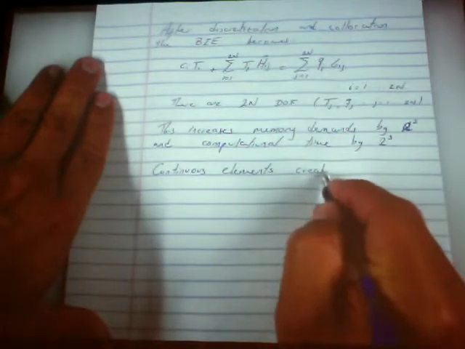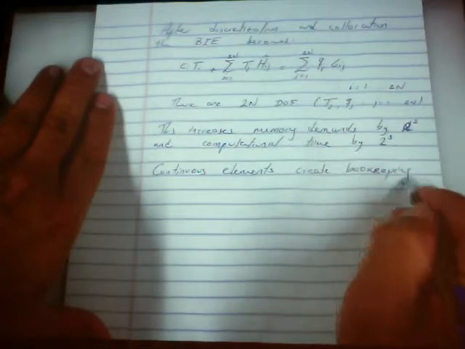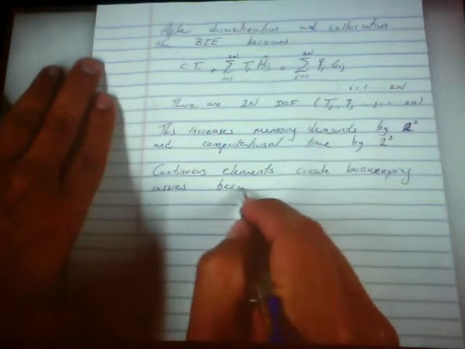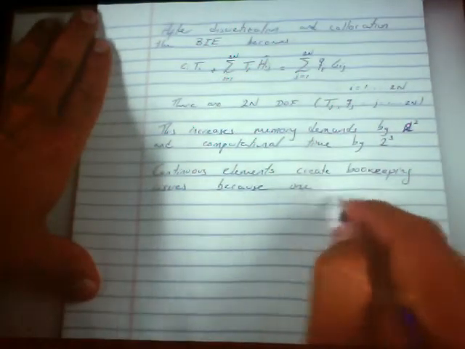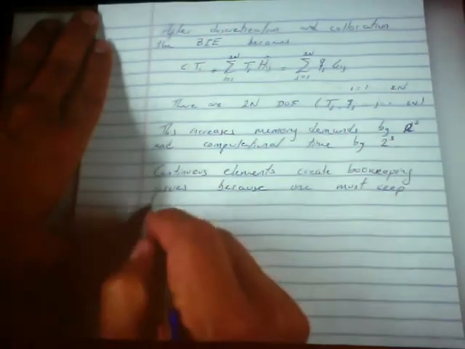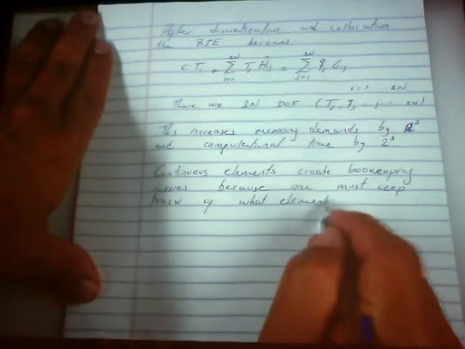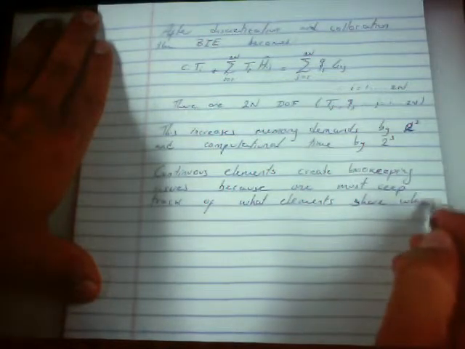So, continuous elements create bookkeeping issues because one must keep track of what elements share which nodes.